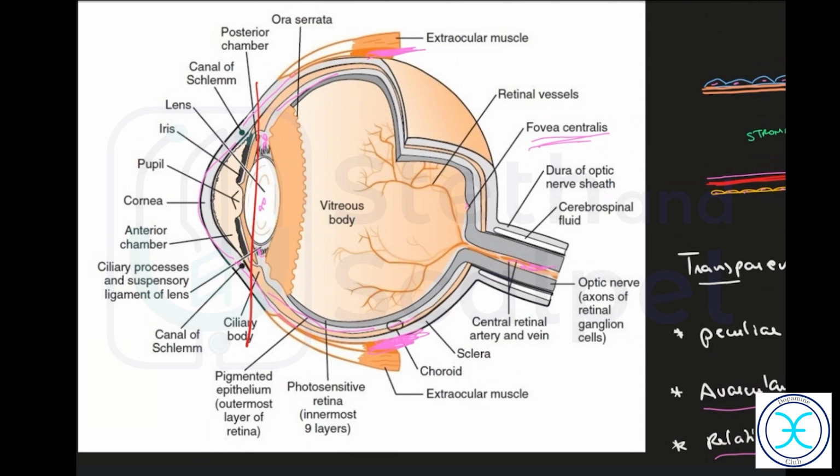Anything else? Any trauma, like a short case? Hemorrhage, subconjunctival hemorrhage. So you need to think about all of these when you're thinking about conjunctiva.